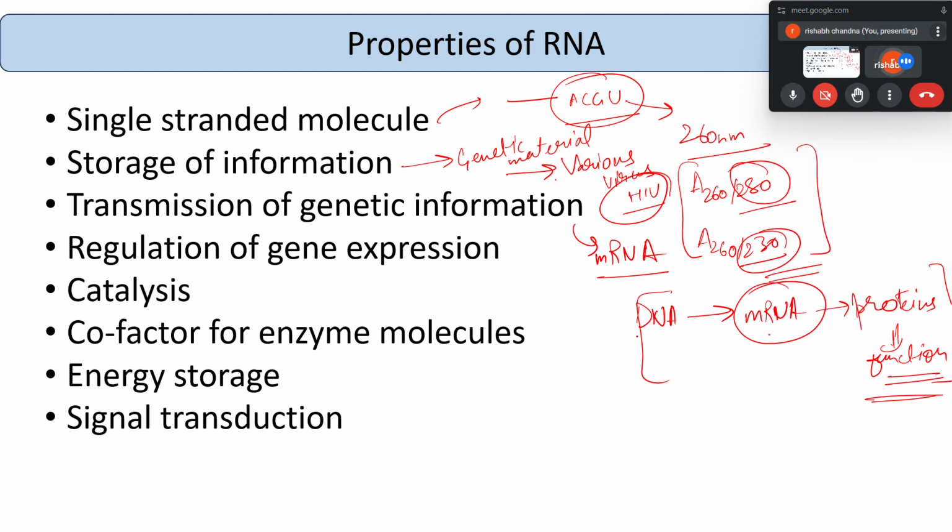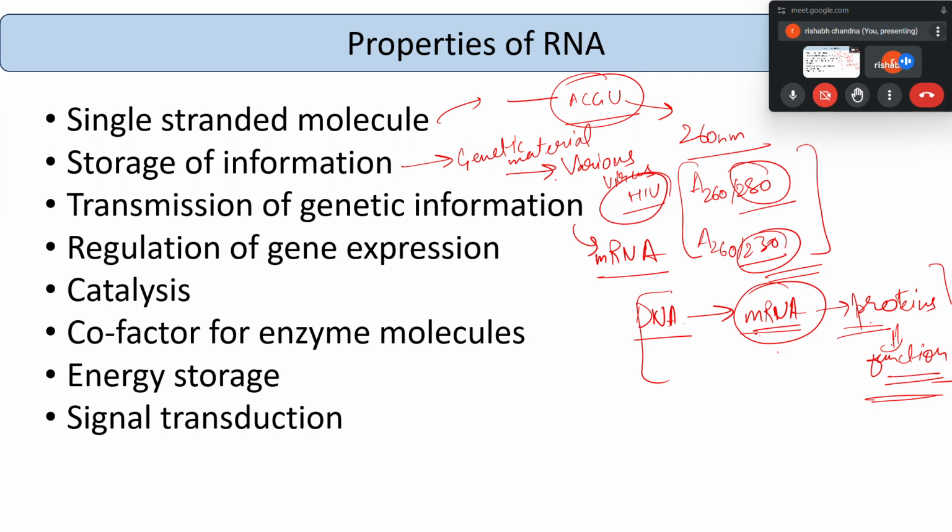When DNA needs to form information in terms of protein, it tells the RNA, which has a limited time. Until the proteins are formed, the RNA will be in the system. As soon as the proteins are formed, the RNA is degraded.